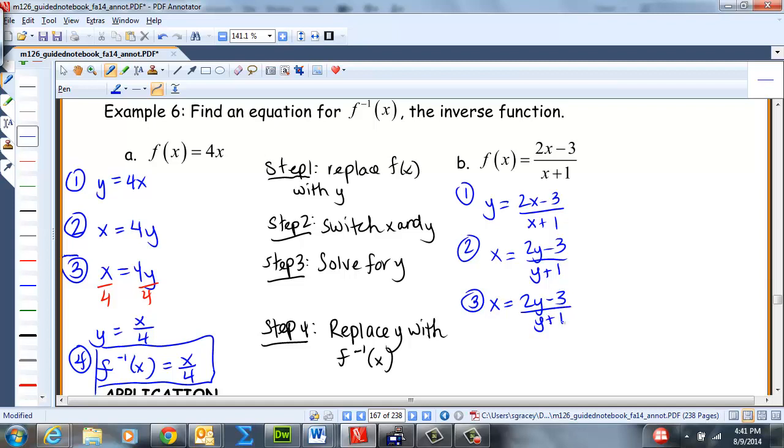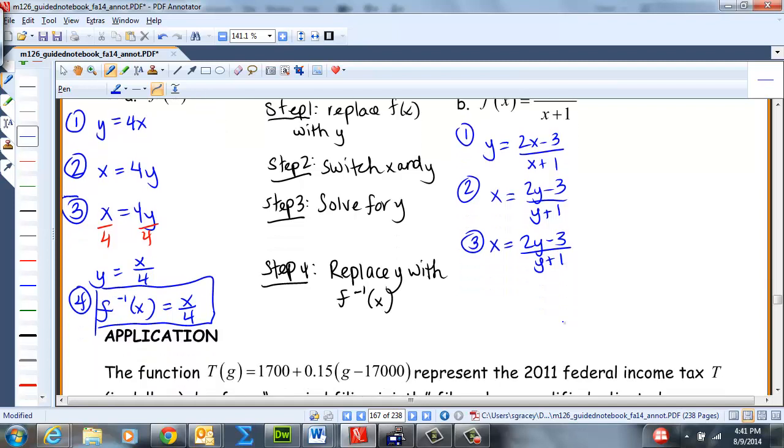You're going to have to multiply both sides of the equation by y plus 1. And you'll get y plus 1 times x is equal to 2y minus 3. So then we'll get xy plus x is equal to 2y minus 3.